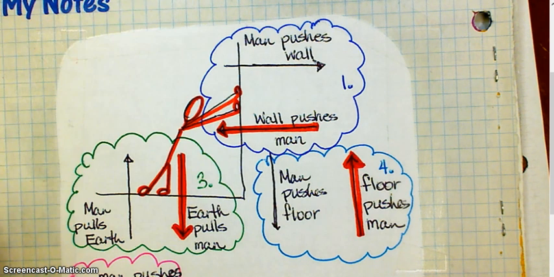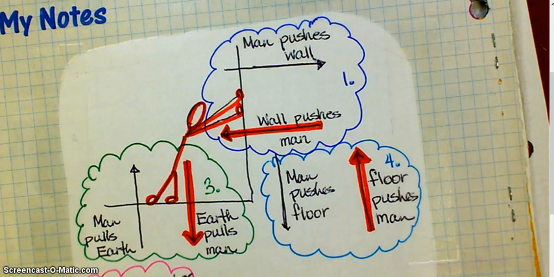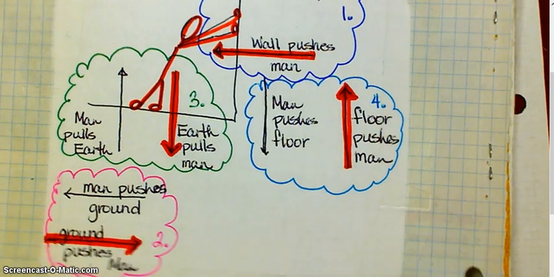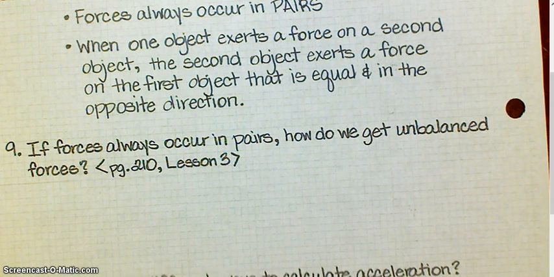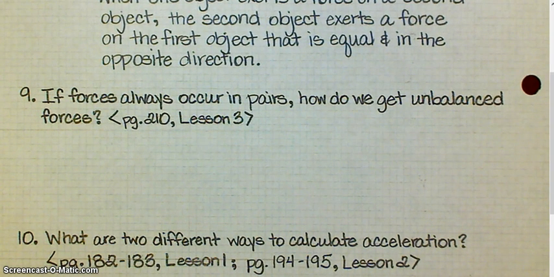It's just that the 4 things that are acting on the man all equal out. Okay, so anytime you're asked to state a force pair, it's just, you know, A exerts a force on B, B exerts a force back on A. Man pushes on wall, wall pushes on man. Okay?